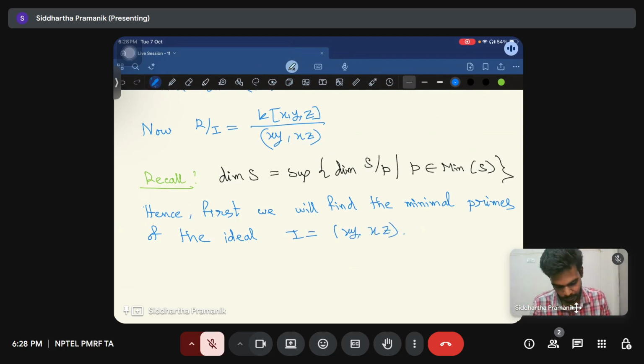So we can directly find the minimal primes, or we can use the primary decomposition, or we can use the Macaulay tool.